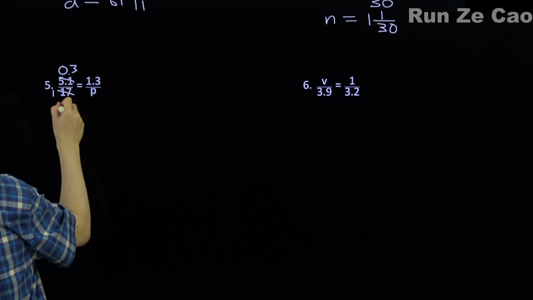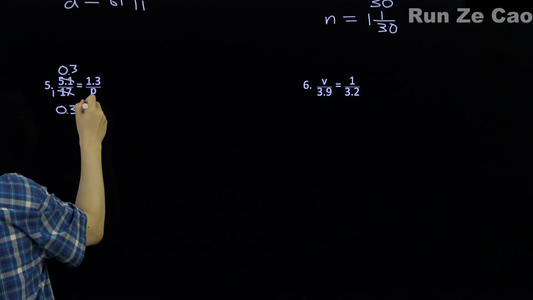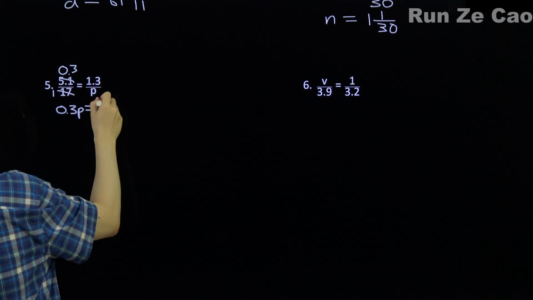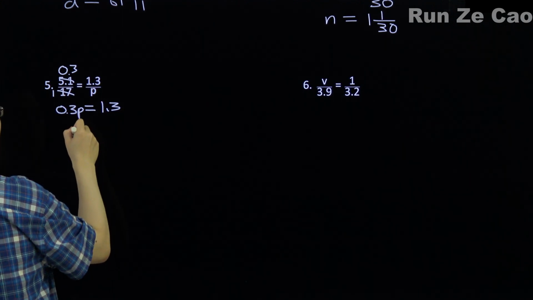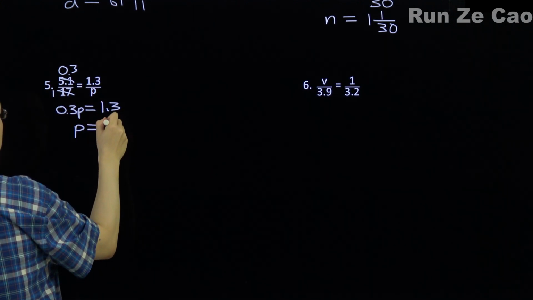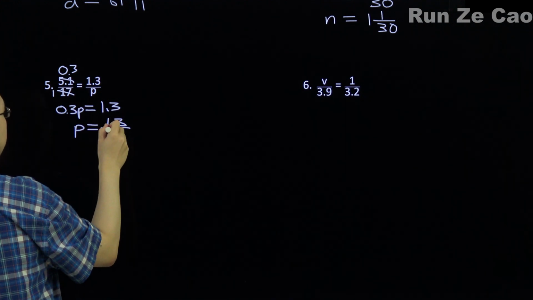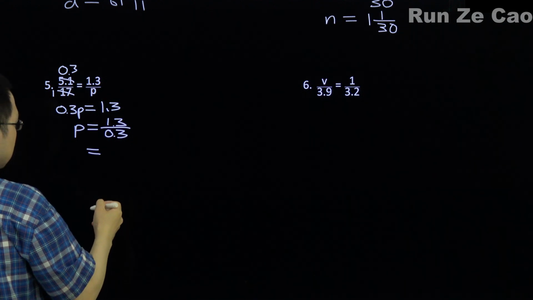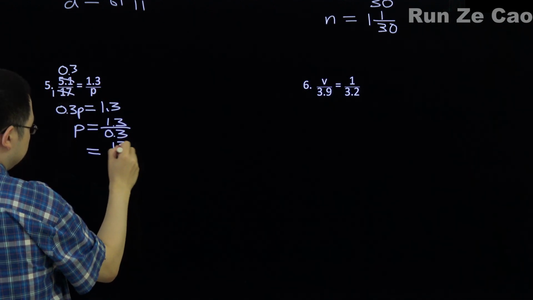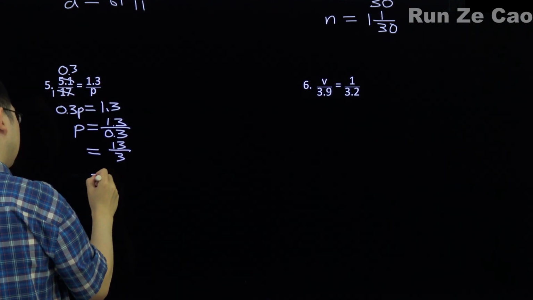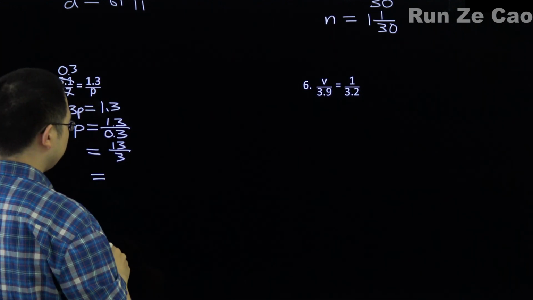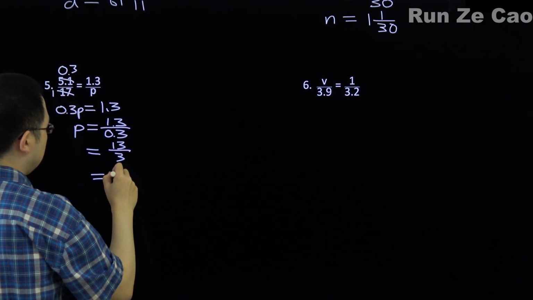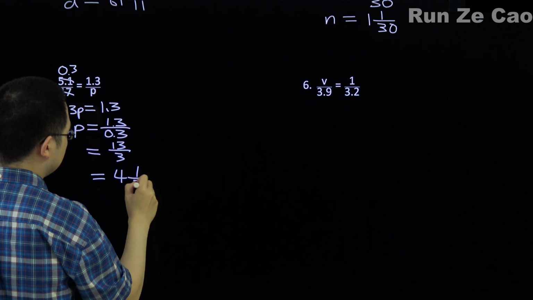So we're looking at 0.3p is equal to 1 times 1.3. Okay then, p is equal to 1.3 over 0.3. So 13 over 3. Or, if you want a mixed fraction, 4 and 1/3.